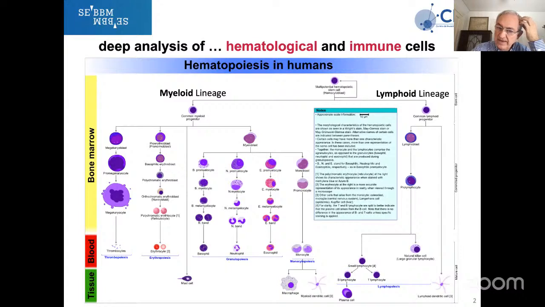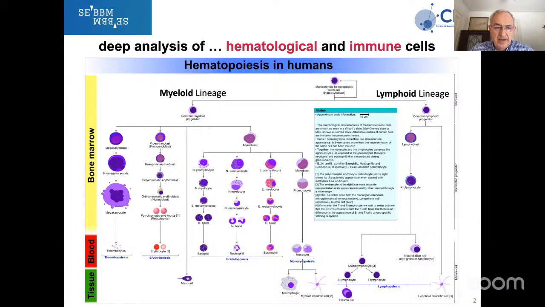So the first approach that we took when we started to apply the studies on single cell data is how can we see the different cell types that are in this complex tree of the hematopoiesis, this complex system that is our blood and immune system.